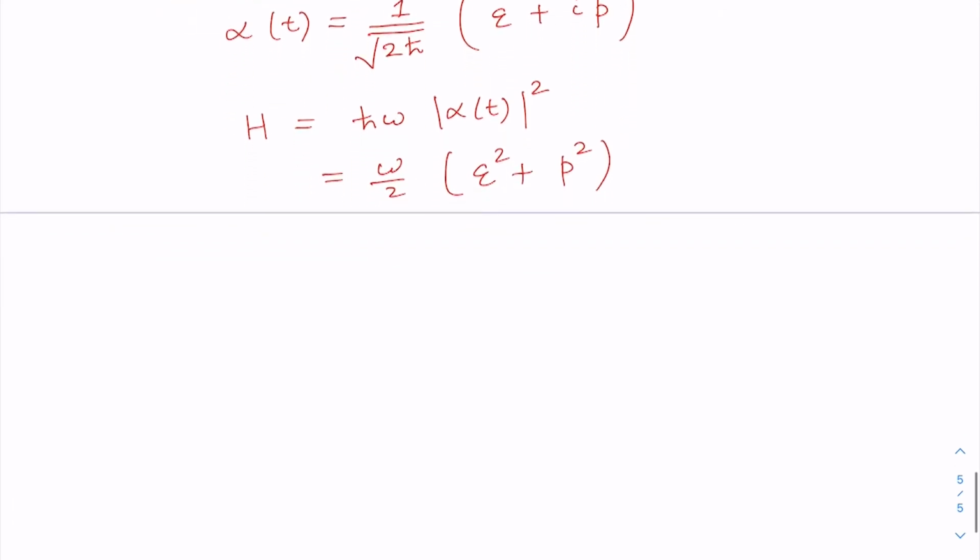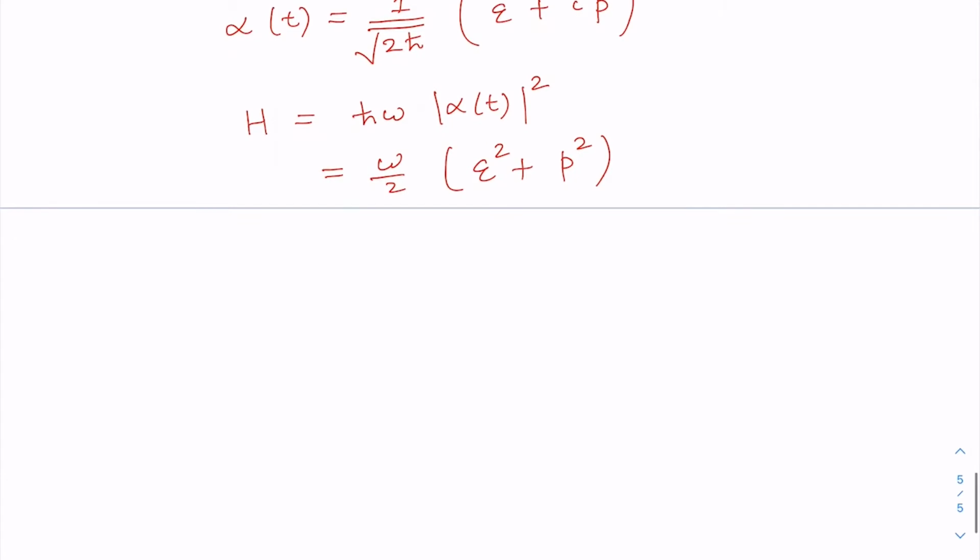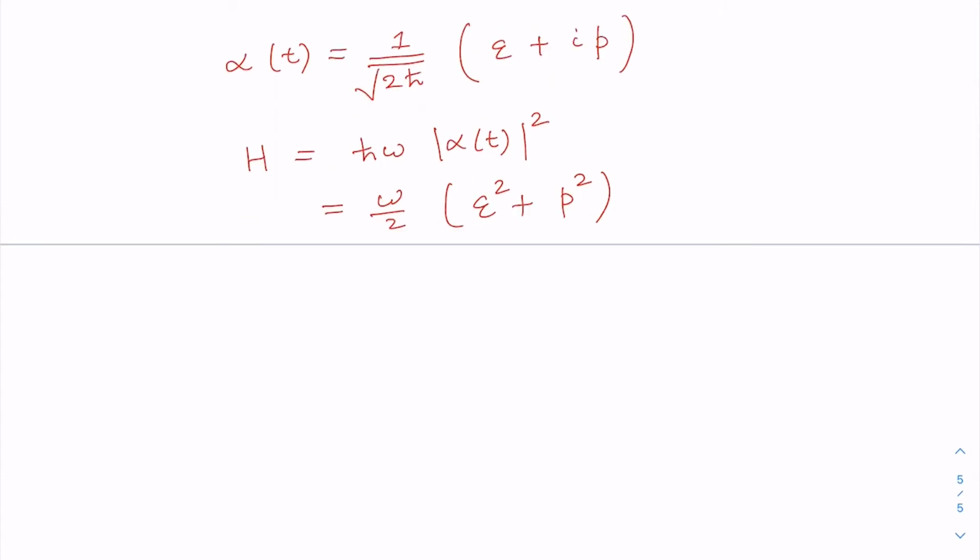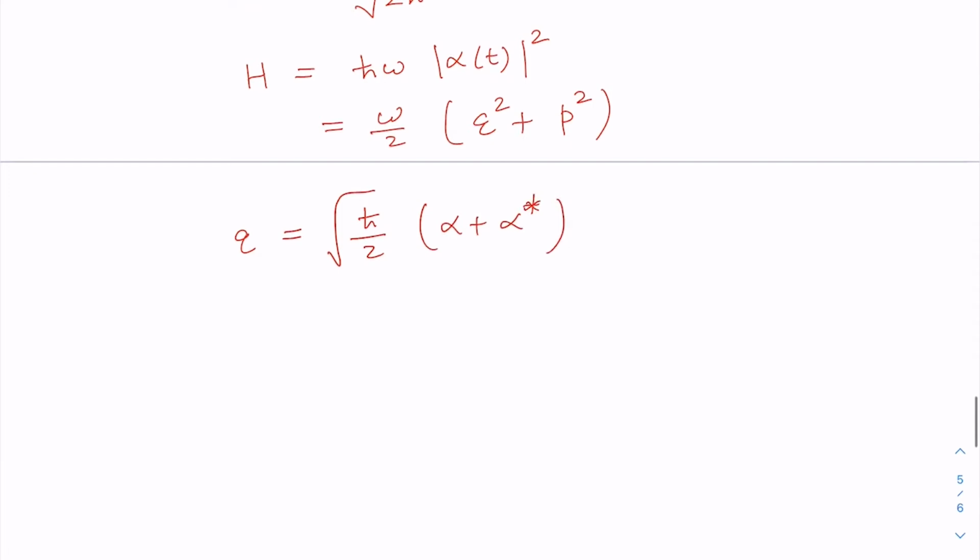In analogy with our discussion with the plane wave, we can claim that q and p are canonically conjugate variables. We can have q equal to the square root of h cross by 2 times alpha plus alpha star, and p equal to 1 by i times the square root of h cross by 2 times alpha minus alpha star.